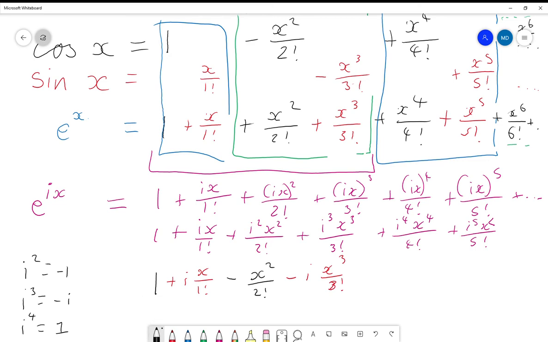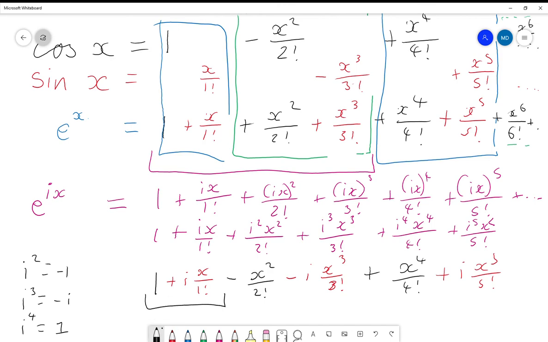And then we get plus again, because i to the 4 is 1, so we get x to the 4 over 4 factorial. And then we get i to the 5, the pattern is going to start repeating. We get plus i lots of x to the 5 over 5 factorial. And now things match up perfectly.